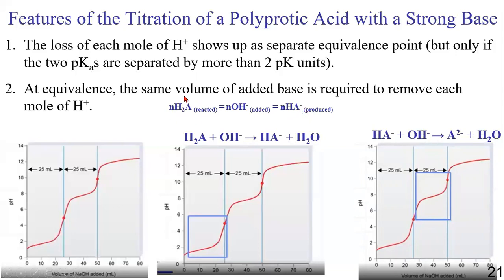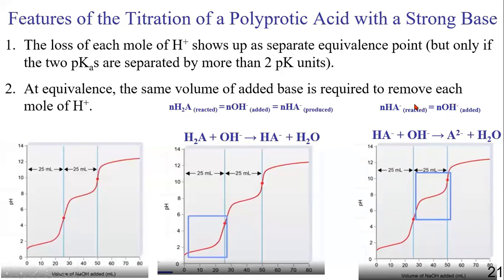So whatever I have initially in my solution, that's going to be the amount reacted at the equivalence point for my H2A. And so in the second reaction, the number of moles of HA minus reacted at this equivalence is equal to the number of moles of OH minus added.